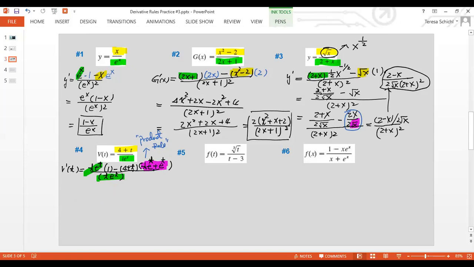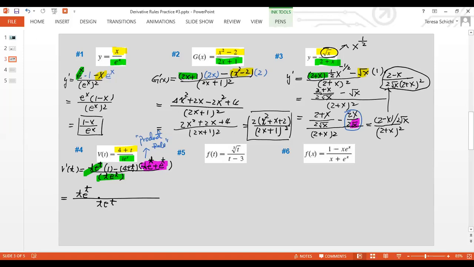Now let's try to simplify it, and hope we don't make any silly algebra mistake. So this is t e to the t.